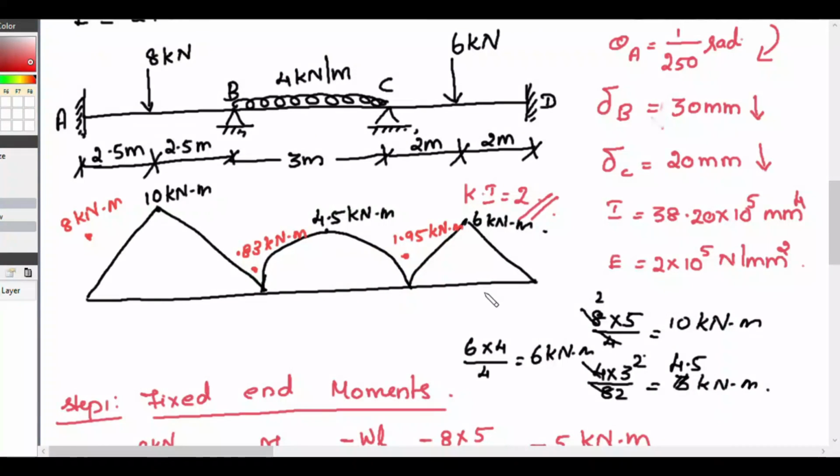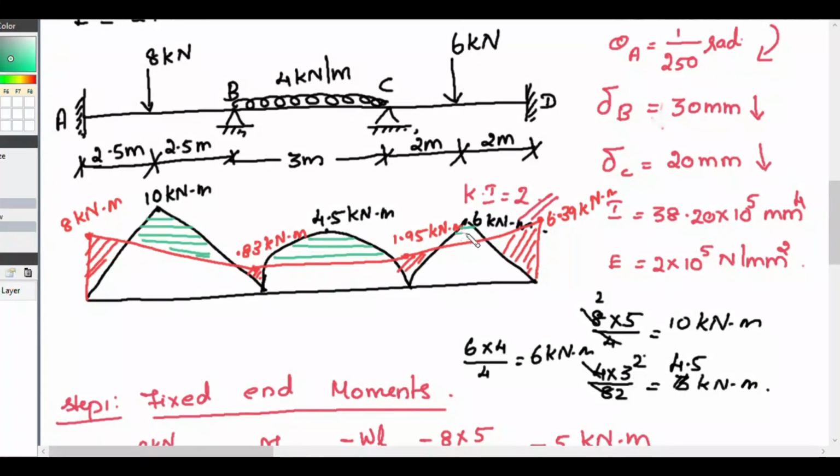And at joint D, it is 6.39 kilonewton meter. So drawing the bending moment diagram, this is negative. Near all the supports we have negative bending moments, and in the remaining portion of the span we have positive bending moments.